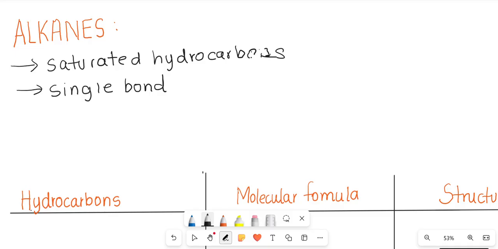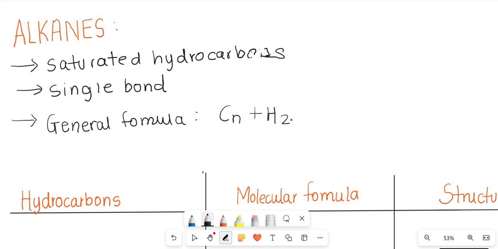Now, let us look at the general formula that we use for the molecular formula. So, the general formula is CnH2n plus 2.